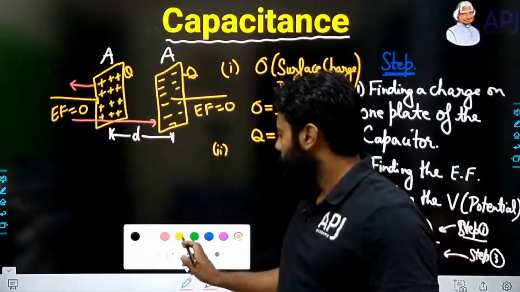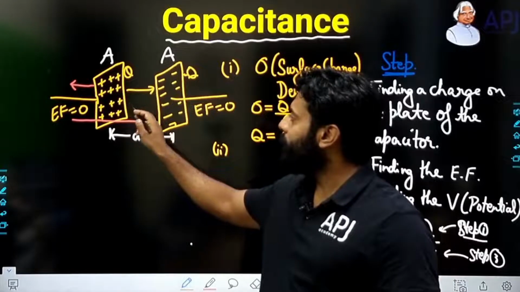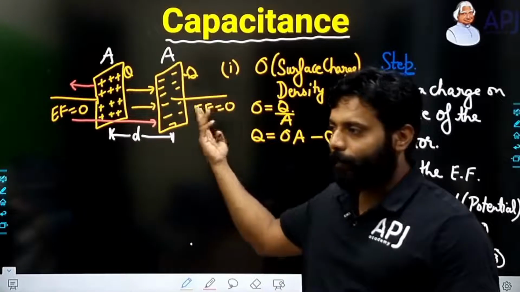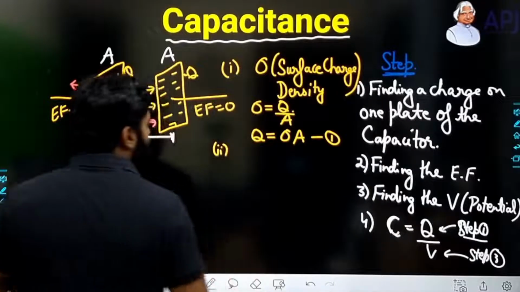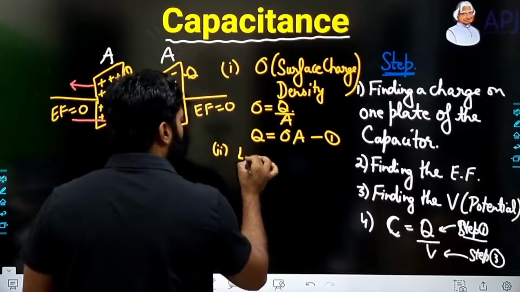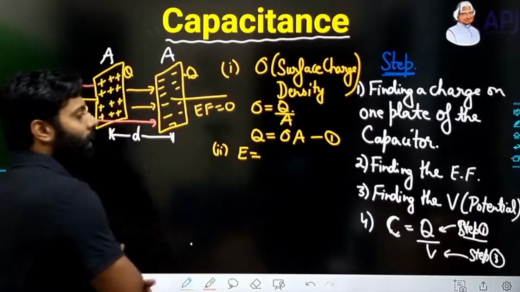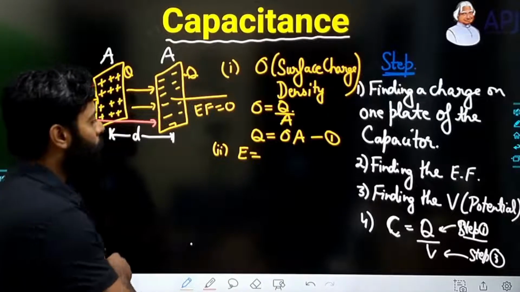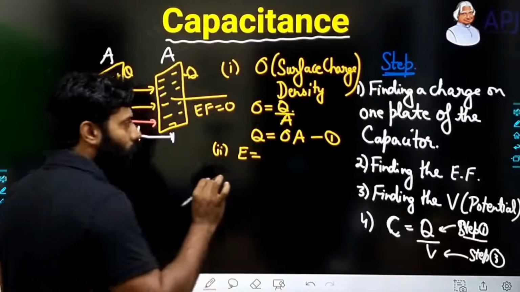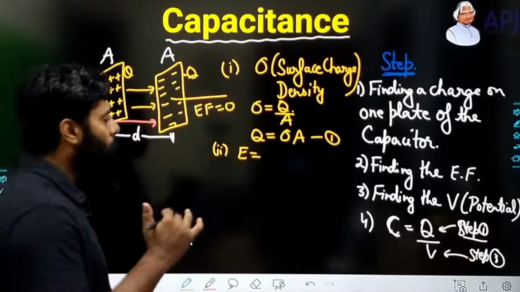right? But here the electric field will be in the same direction, so I can find that the electric field is equal to sigma upon 2 epsilon naught plus sigma upon 2 epsilon naught.